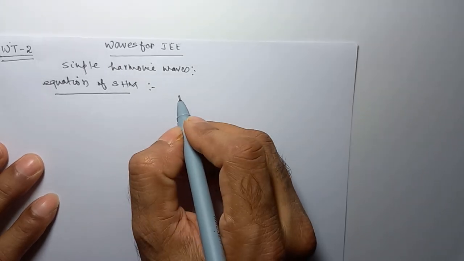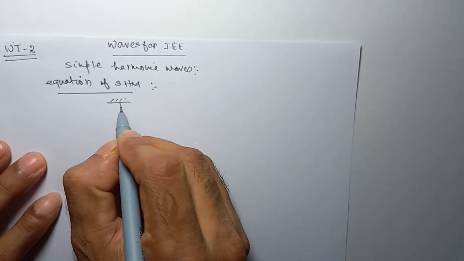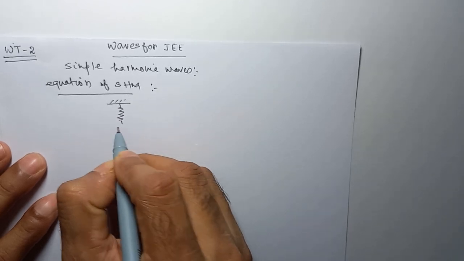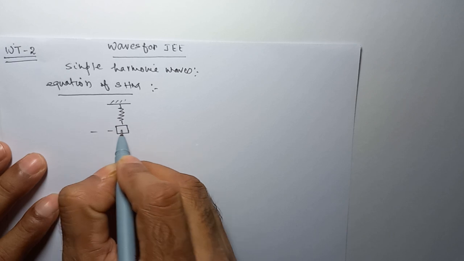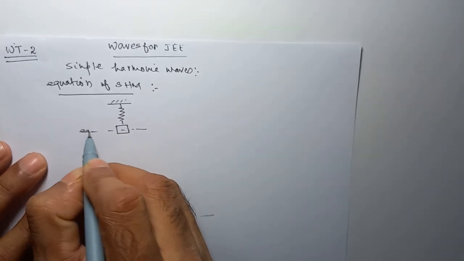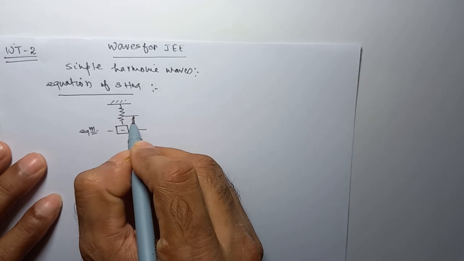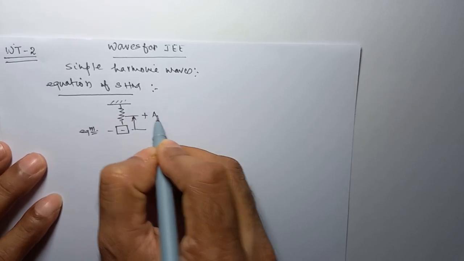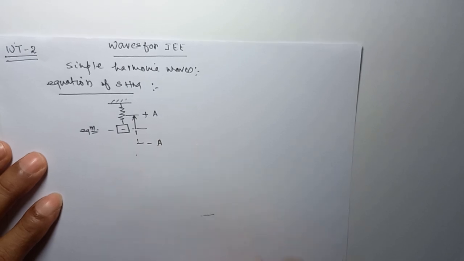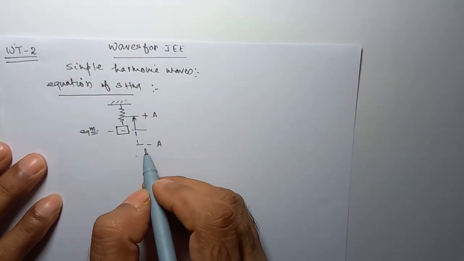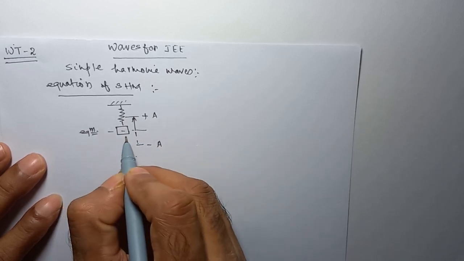As we know, if I take one example, a spring block system, and say this is the equilibrium position of the block, and its amplitude is, say, upward plus A and down is minus A. It is doing simple harmonic motion about the equilibrium position. Say this position is O.